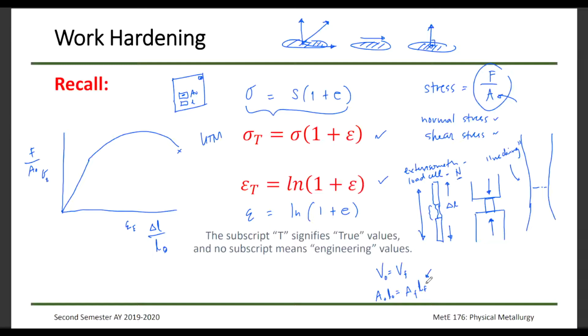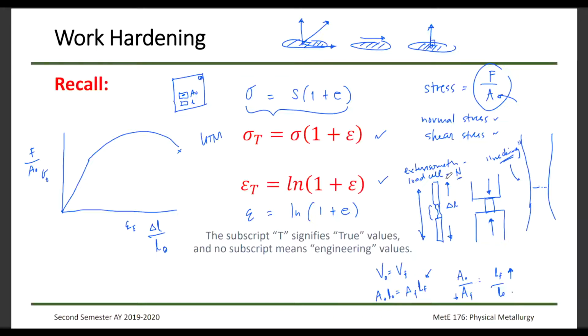So, if it's increasing, then if I rearrange it, we should get L final over L naught. So, if this is increasing, dapat si final value should be decreasing. Tama? That makes sense, no? Kasi kung tumataas tong value na to relative to this value, then para ma-retain yung proportion nila, dapat ito bababa. Okay? So, it makes sense na nangyayari tong necking na to because of the constancy of volume.